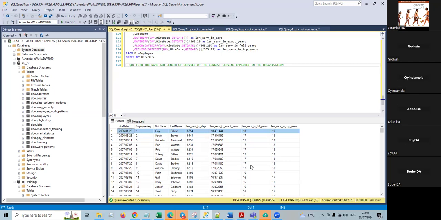Anybody with a solution for us? Actually, this is a bit tricky and involves something that I haven't taught you yet, and that is subqueries.